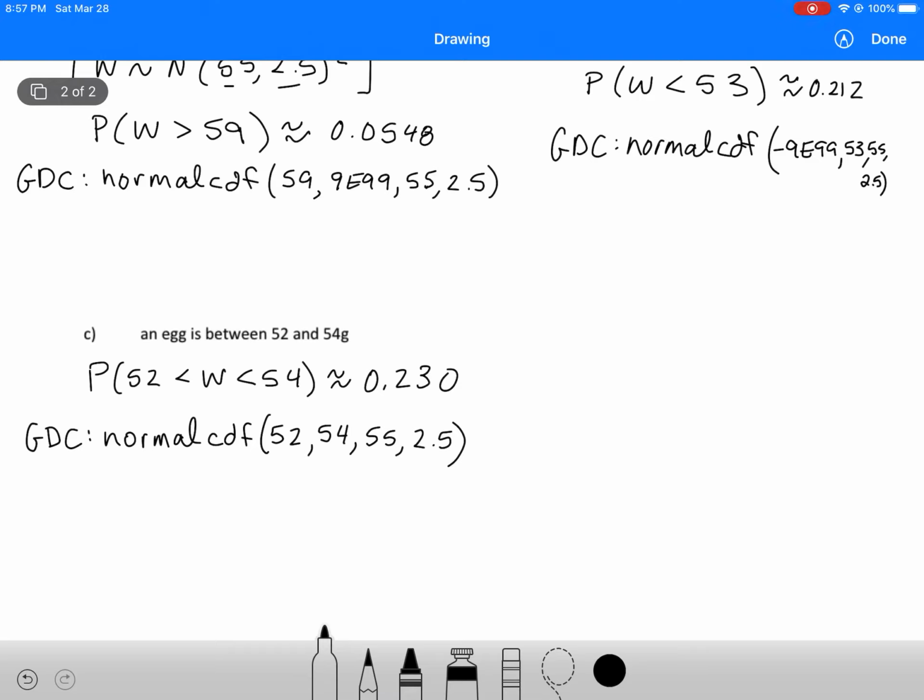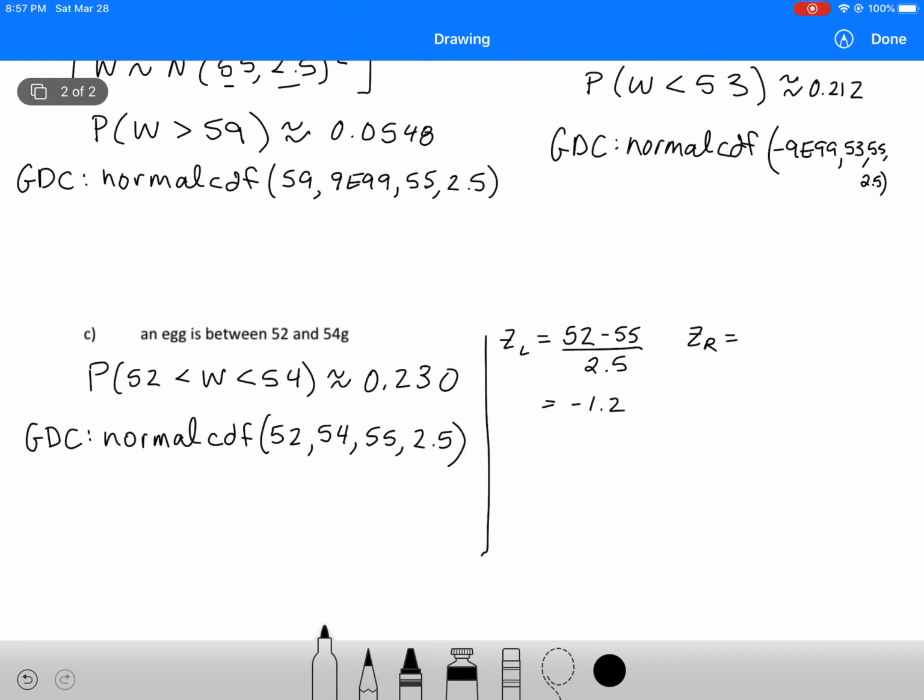Okay. Just for fun, why don't we standardize this one, and then we can double check that we are actually going to get the same answer. So our lower limit is going to be our x value, take away our mean, divide by the standard deviation. 52 should give us minus 1.2.